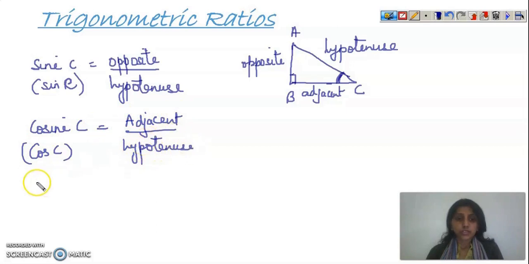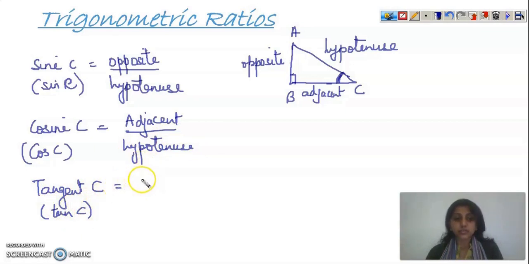And the third ratio is tangent of C, in short written as tan of angle C, and it is defined as opposite upon adjacent. So these are the three ratios.